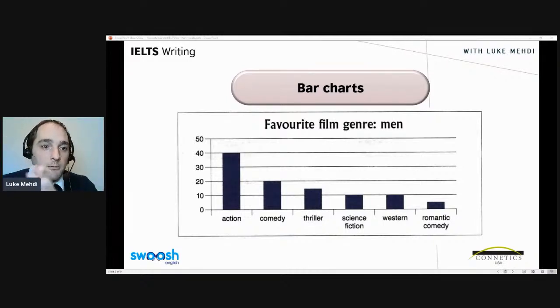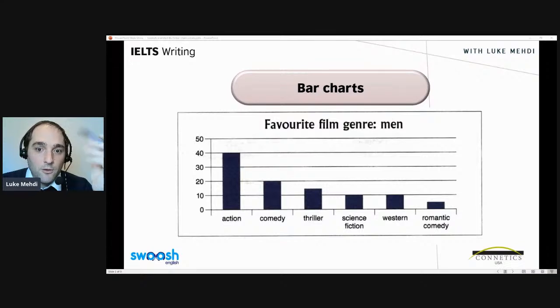Okay. Another way that we might do this is to compare between the parts of the task as well, or compare between the different genre of films. That would be another good way to avoid going into too much detail. If you describe one after the other, the largest action films, next there was comedy, give the number. Thirdly were thrillers, give the number.